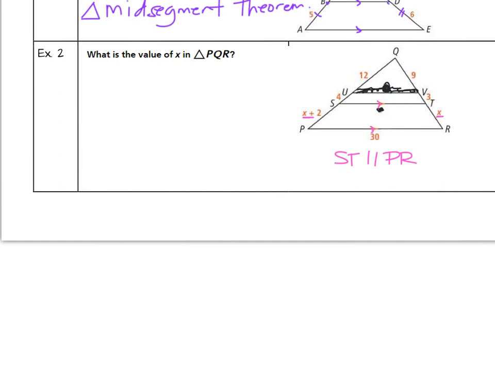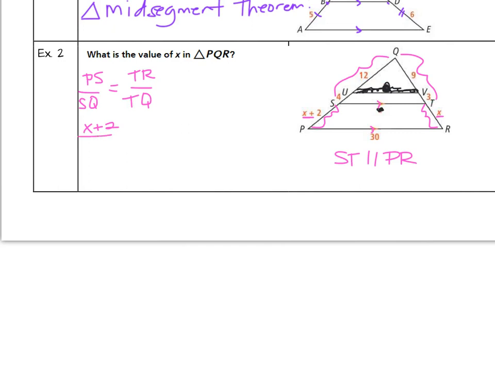So because of the side splitter theorem, we can say PS, this little guy right here, over SQ, and that's that big segment right here on one side, equals TR, the little segment on the inside, over TQ, the big segment on the right. All right, so PS is x plus 2.